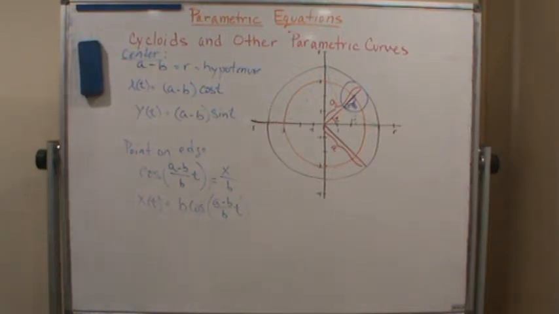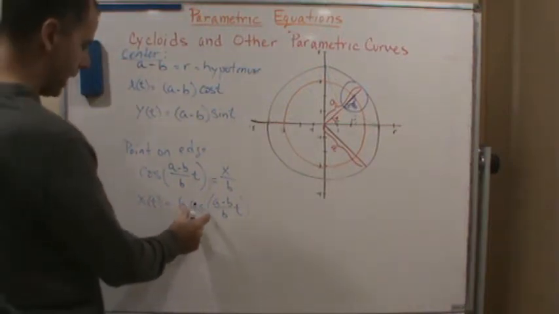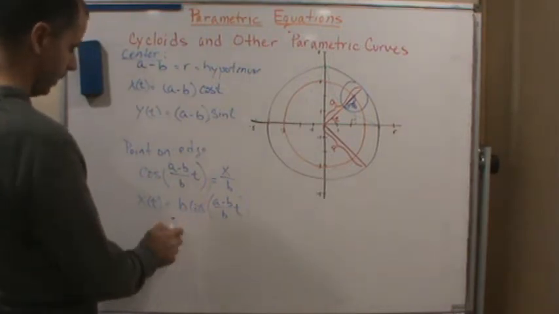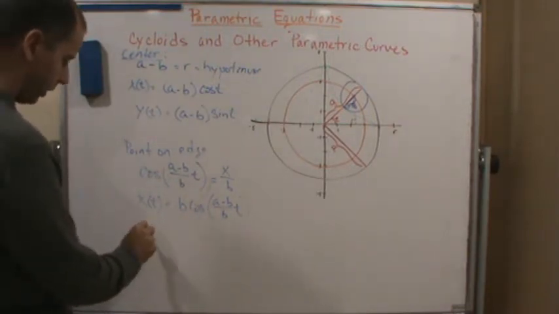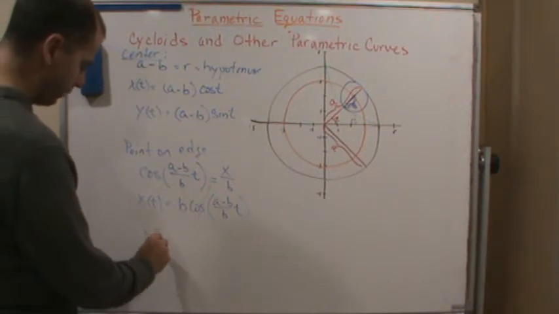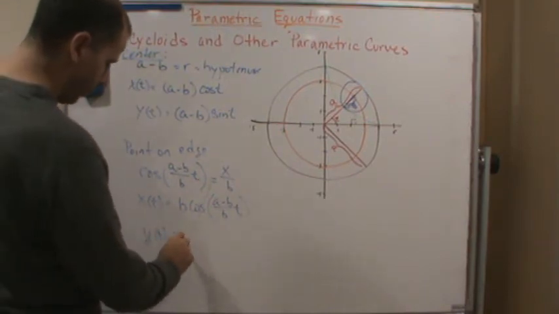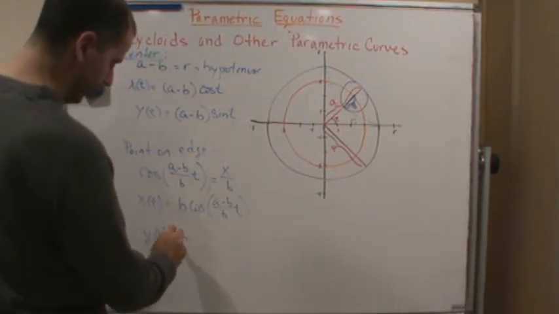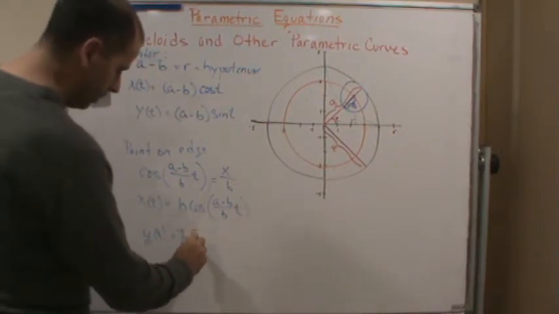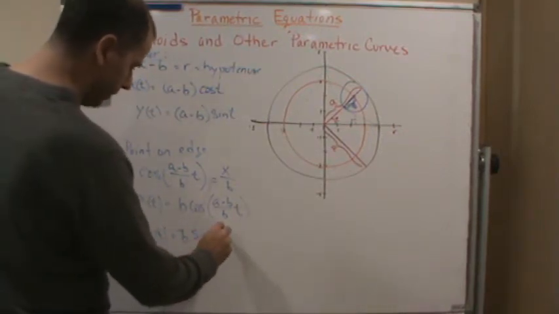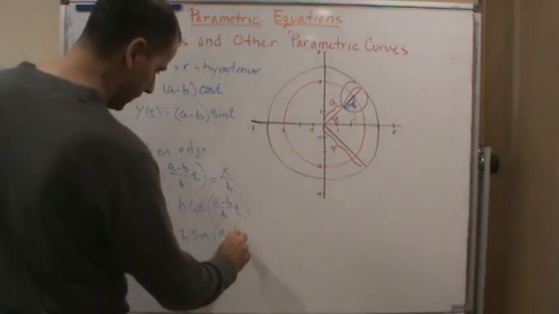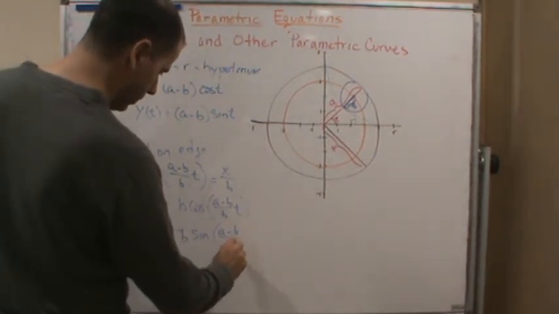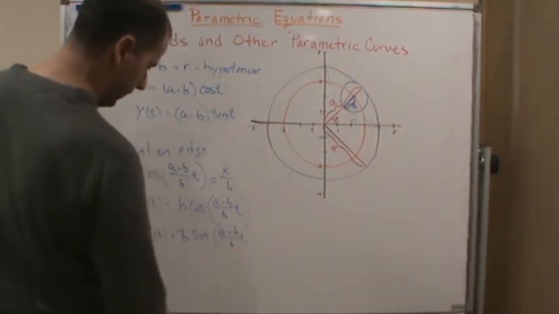But this is going to be positive for x, and for y of t we're going to get negative b sine of A minus B over B times t.